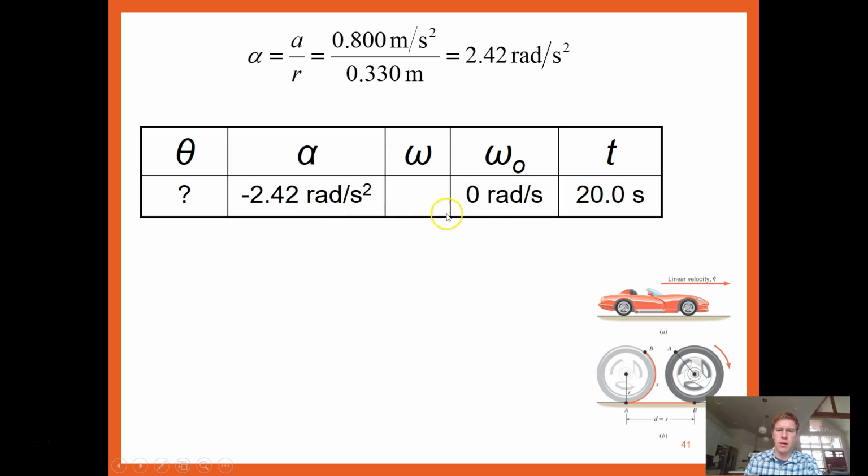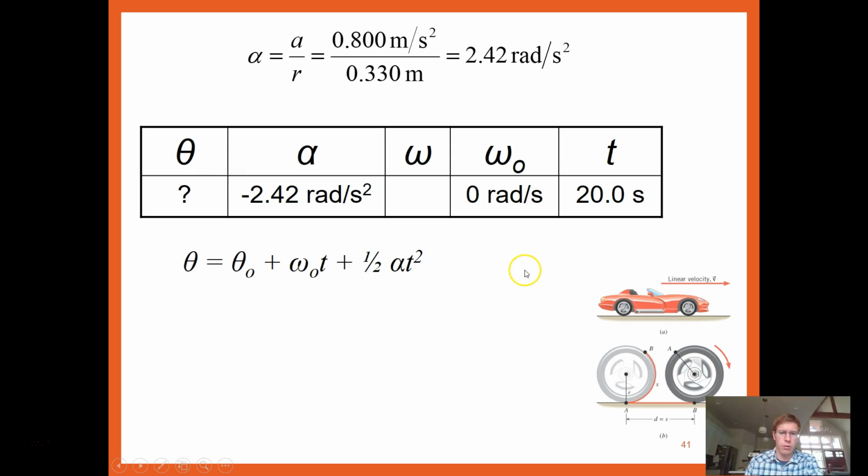We're told we start from rest, so omega initial is 0, and our time is 20 seconds. We're given that at the beginning, so time is the same for both rotation and translation. Lastly, we don't know omega final, and we don't know theta final. We do know theta initial is 0, and we don't care what omega final is. All we care about is theta final, the angular displacement, which is what we're asked to find.